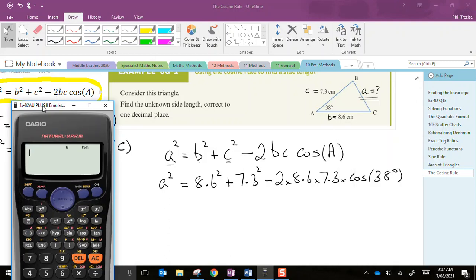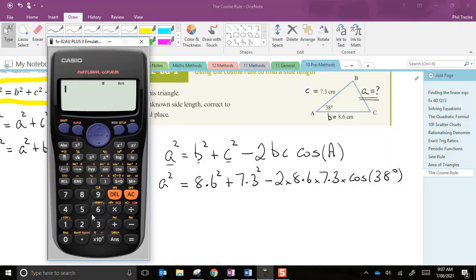So the calculator will help us do this. Be careful that your calculator is set on degree mode when you're working with angles in degrees. And that gives me 28.3.